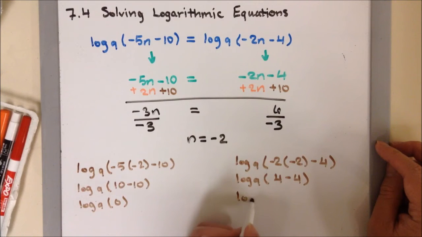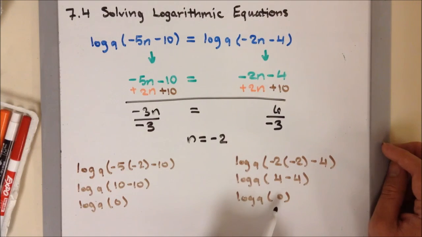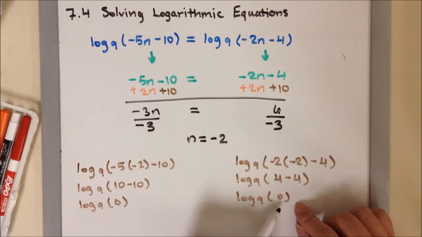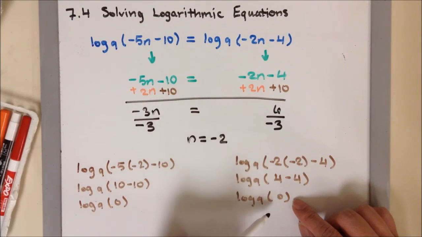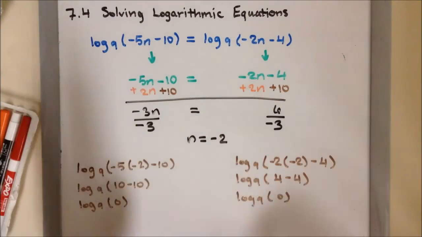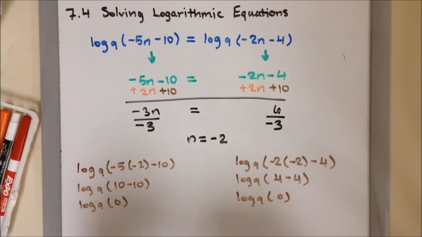So I'm going to have log base 9 of 4 minus 4, that's going to be 0. So on the right side, it's going to come out the same thing as the left, 0. So if you did the right side first and it came out 0, then you can say it's undefined on the right and it's undefined on the left. So therefore, the whole equation is undefined.